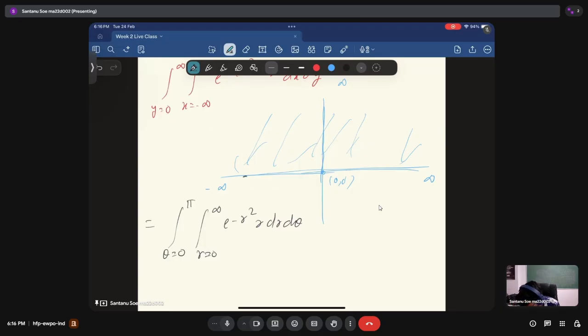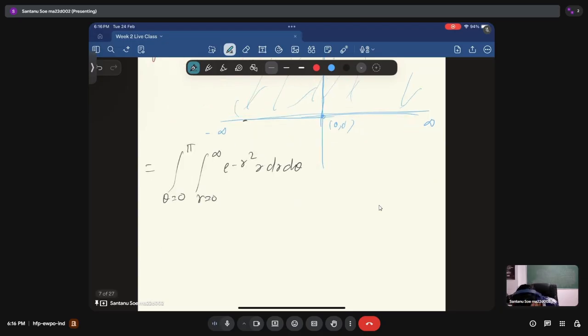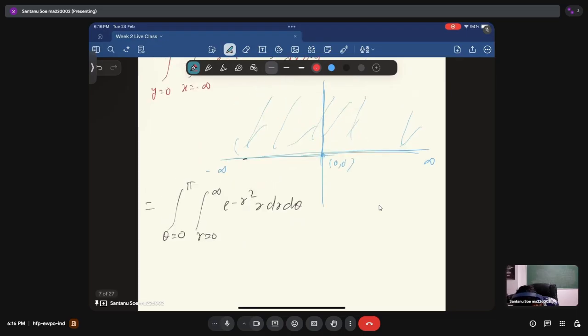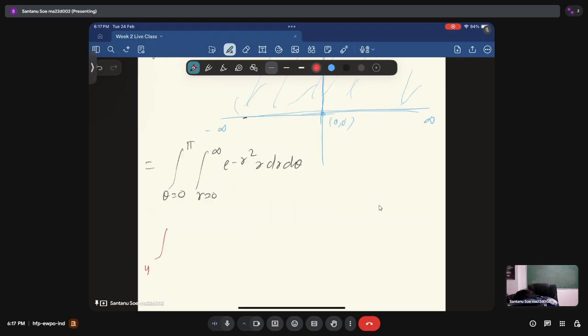Okay, so now similarly they can also ask this question: what about the integral with y from minus infinity to infinity, x from 0 to infinity, of exponential of minus (x square plus y square) dx dy, correct?